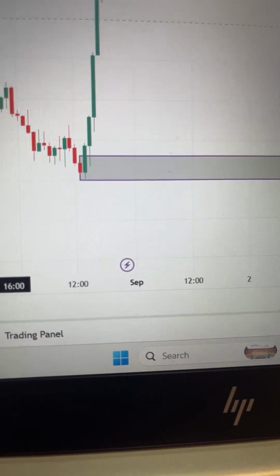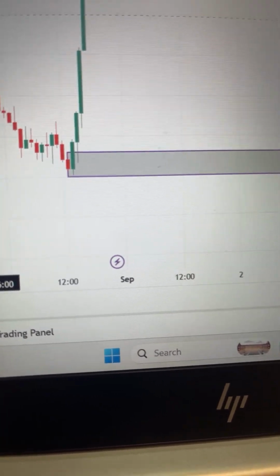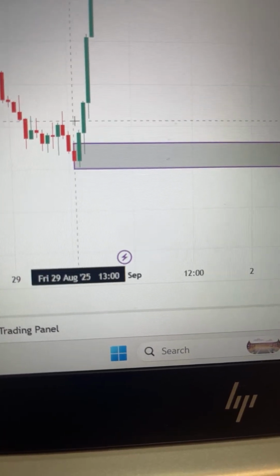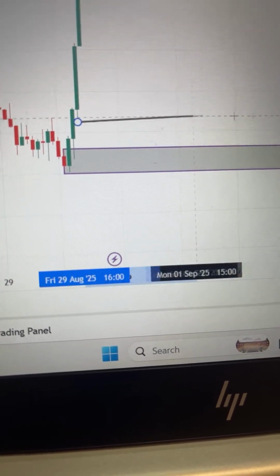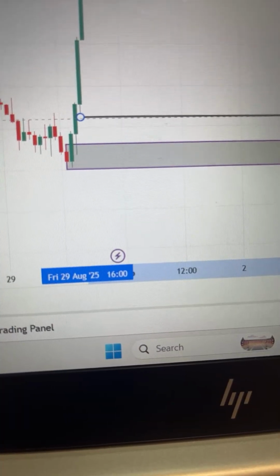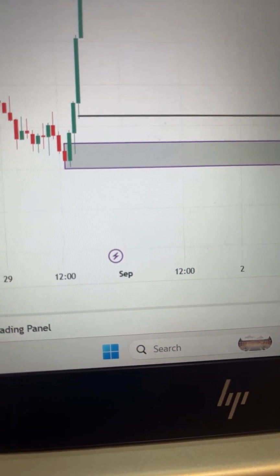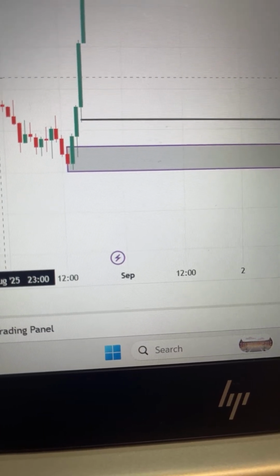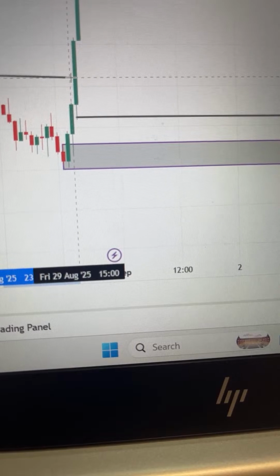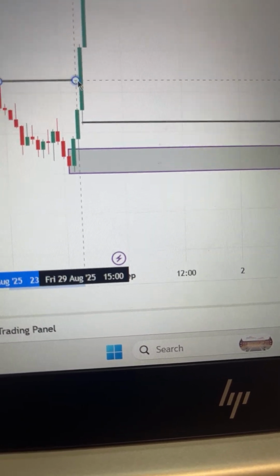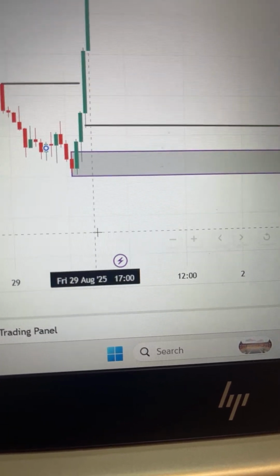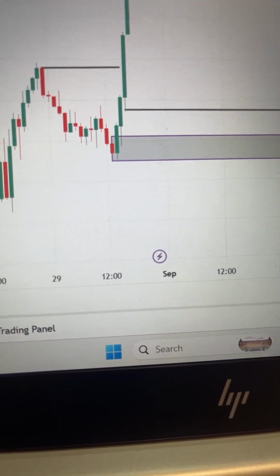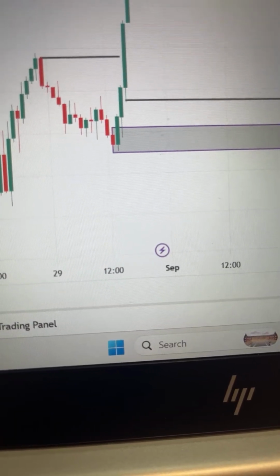That is liquidity to be swept. And when is it going to happen? It's going to happen around here. So this can be the sweep of the liquidity. Then this is our break of structure, which is BOS, or the boss. So guys, this is simply how you trade or spot the order block areas or the zones.